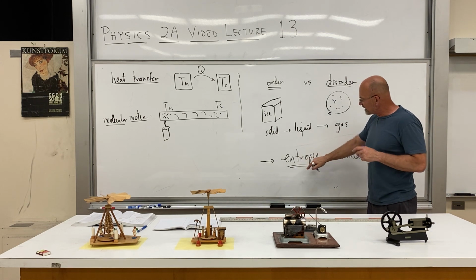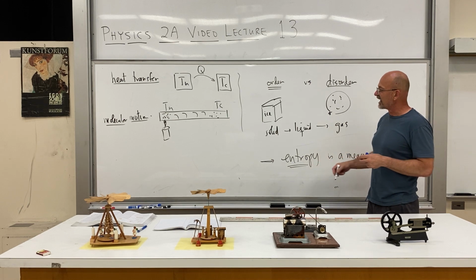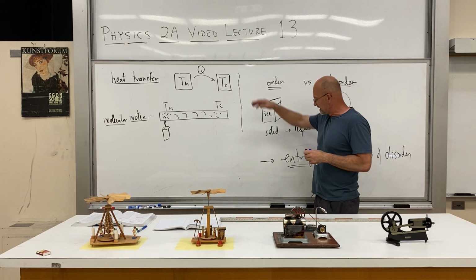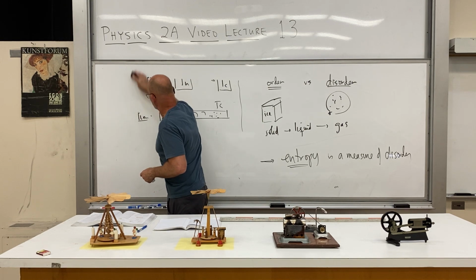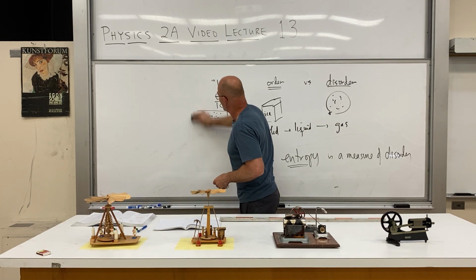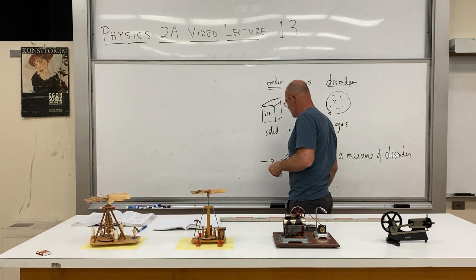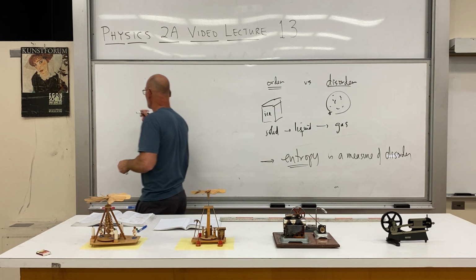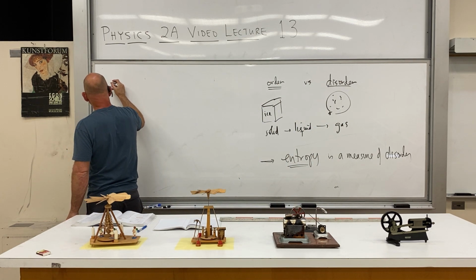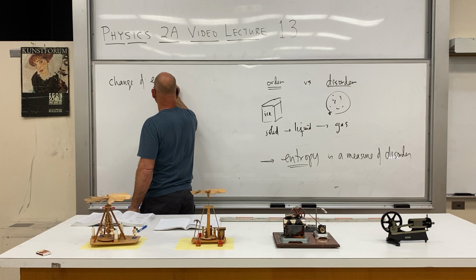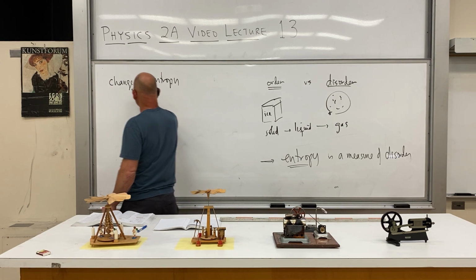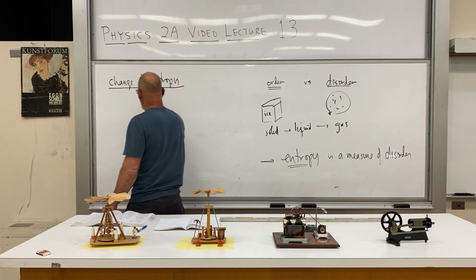And now let's go ahead and introduce a formal expression for the entropy. It's going to immediately tie into the heat transfer. So this is the end of chapter 12. So entropy, change of entropy. We're always just going to talk about its change.